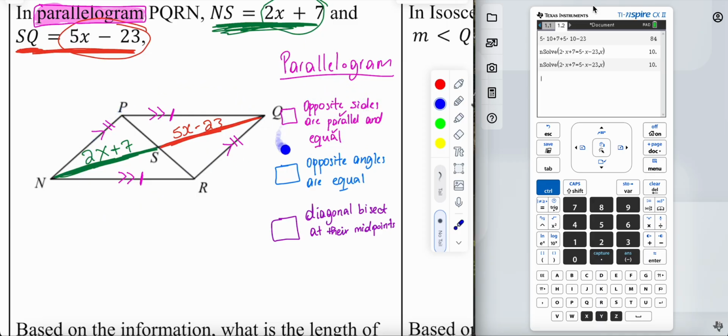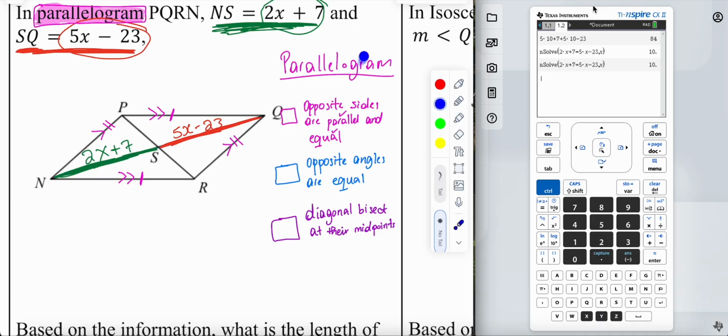All right, so that is what this is saying. Now, this one says the opposite angles are equal. So in a parallelogram, notice that we have 4 angles: 1, 2, 3, 4. Now, opposite or across from angle N is angle Q. So these two angles, this angle and this angle, they are opposite.